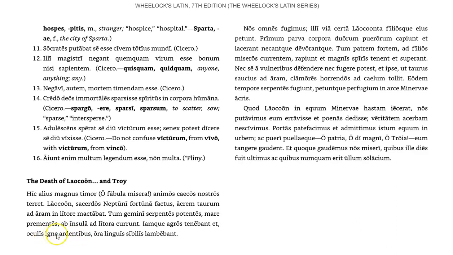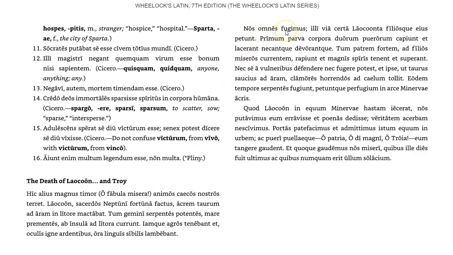And with their eyes burning with fire, here's our verb, lambebant. If something is lambasted, they were licking their mouths with hissing tongues, with their sibilant tongues. So a lot of ablative here. So they were licking their mouths with their hissing tongues. Your linguistics, lingua in Latin, as you know, means tongue.